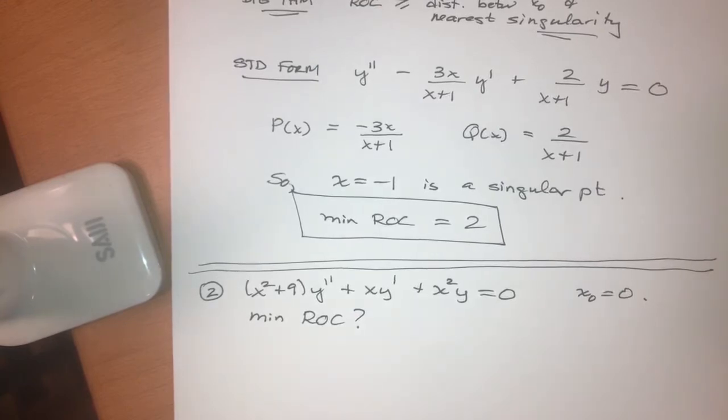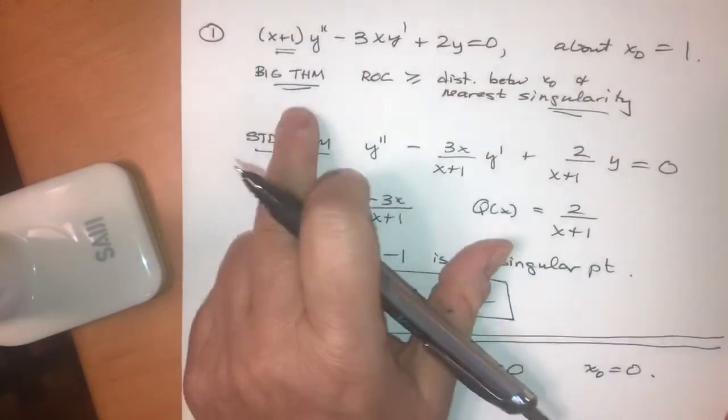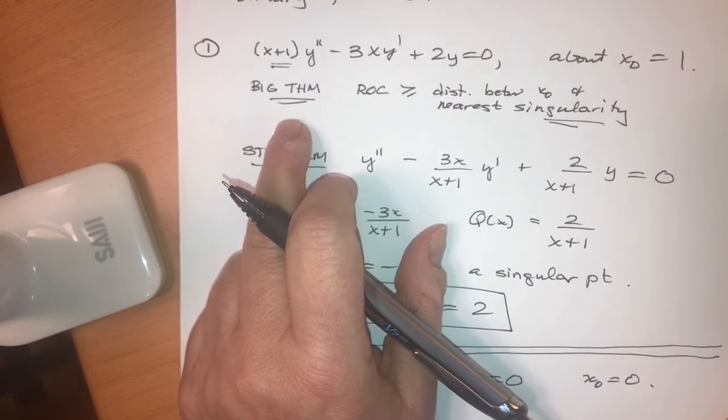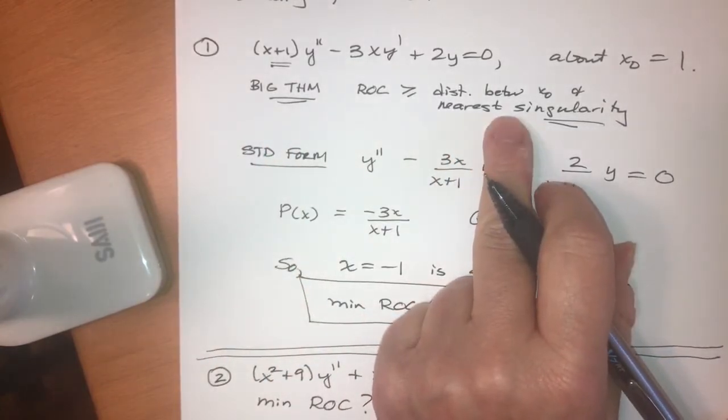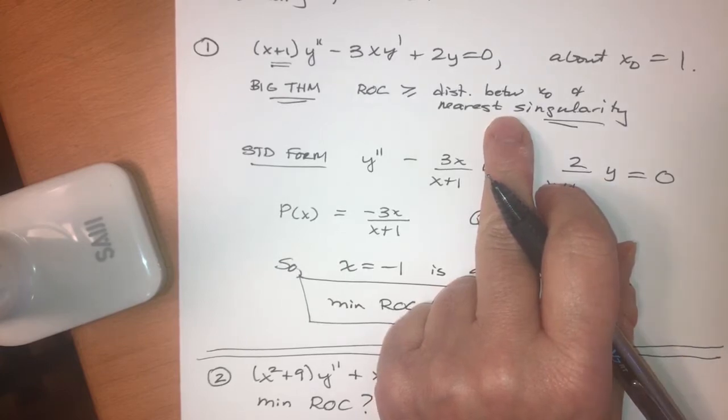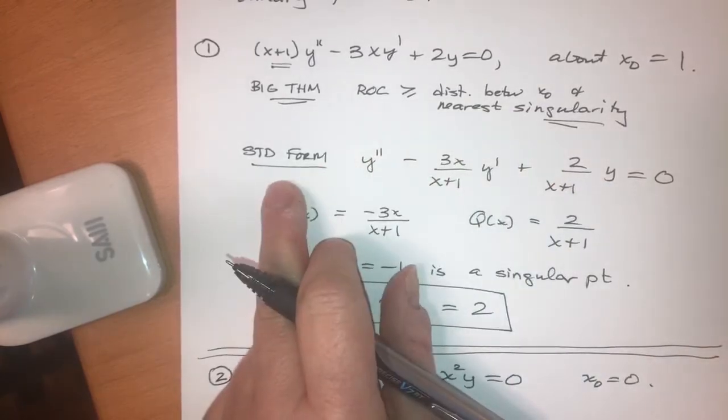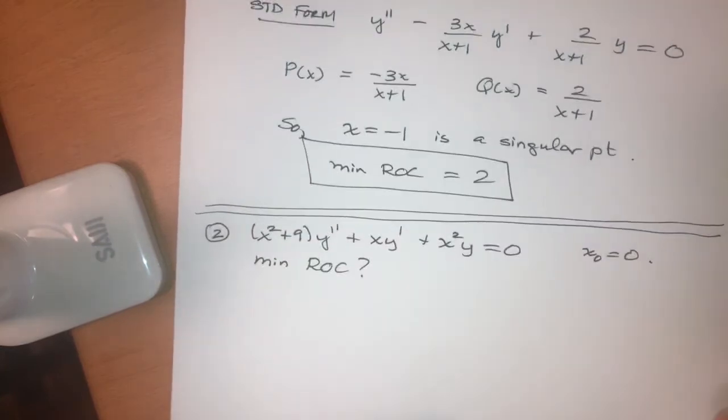Same method as before. In order to figure out what that minimum radius of convergence is, we need to figure out the distance between the target point and the nearest singularity. So you need to find your singularities. To find your singularities, you need to be in standard form. Alrighty then.